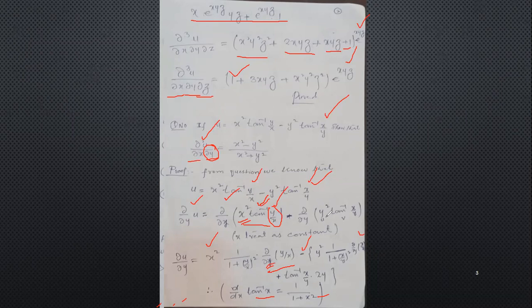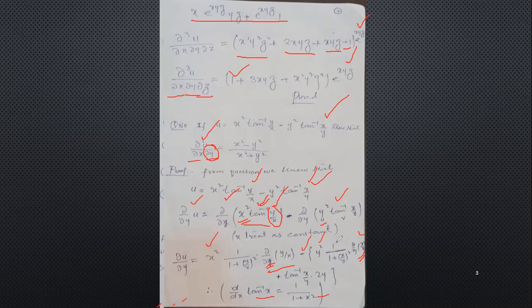y. So here we use u into v formula. According to formula, I have considered that u is equal to y square, v is equal to tan inverse x upon y. When we use formula, u same, according to formula u same means y square same. Derivation of tan inverse x upon y. First we take derivation of tan inverse, then we take derivation of its angle.